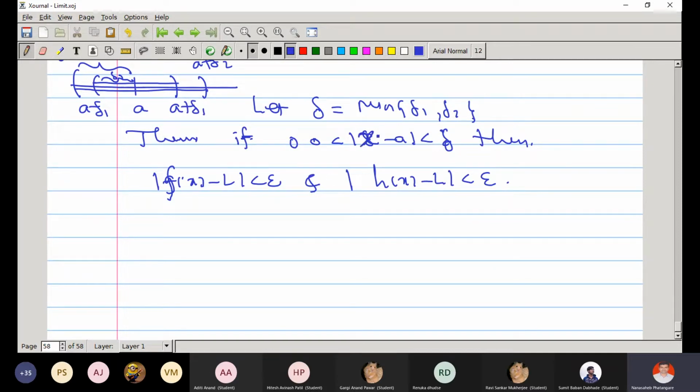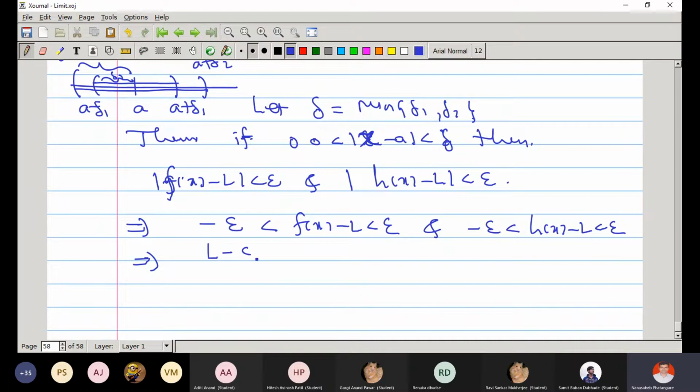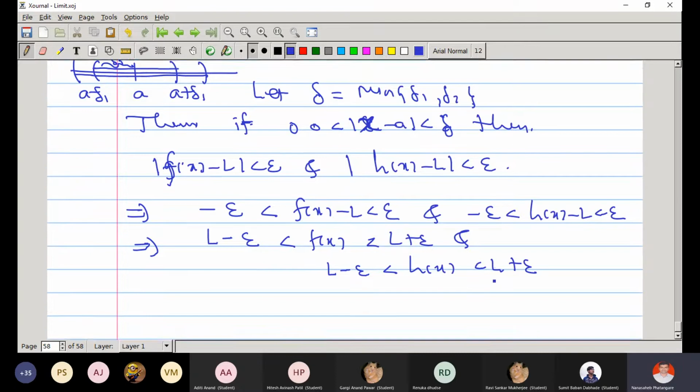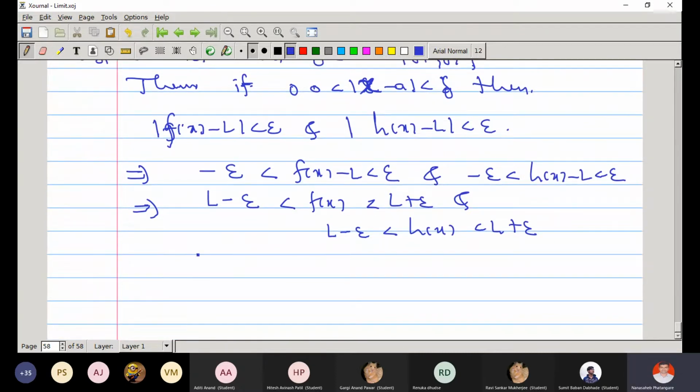So whenever the distance of x from a is less than delta, then it is less than delta 1 as well as delta 2. So minus epsilon less than f(x) minus L is less than epsilon, and minus epsilon less than h(x) minus L is less than epsilon, which is the same as L minus epsilon less than f(x) less than L plus epsilon, and L minus epsilon less than h(x) less than L plus epsilon, for every x whose distance is less than delta.